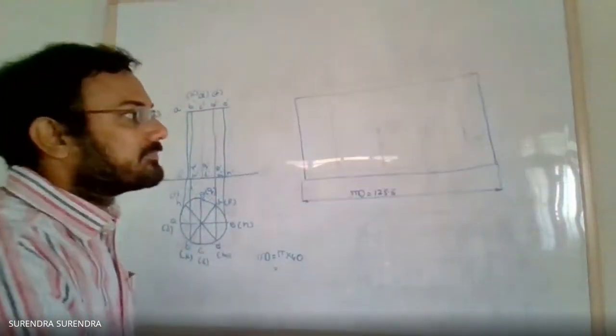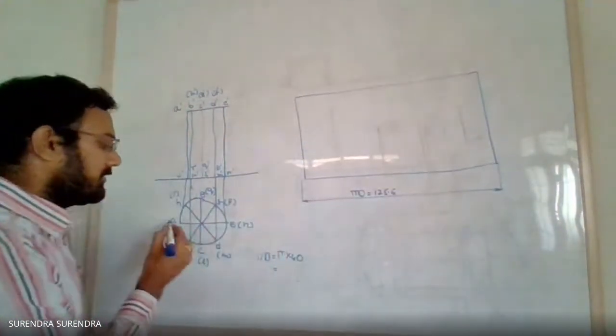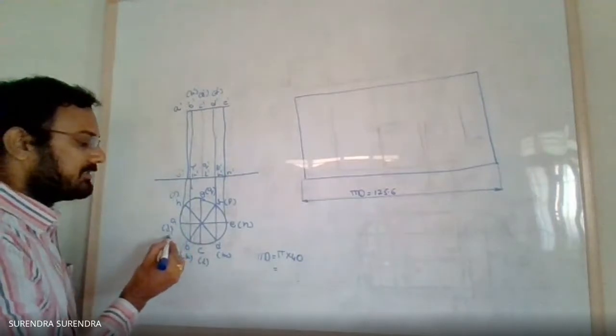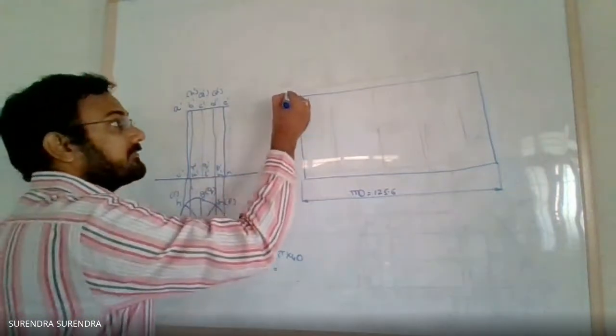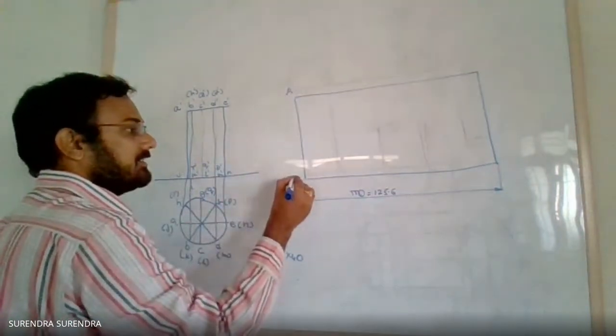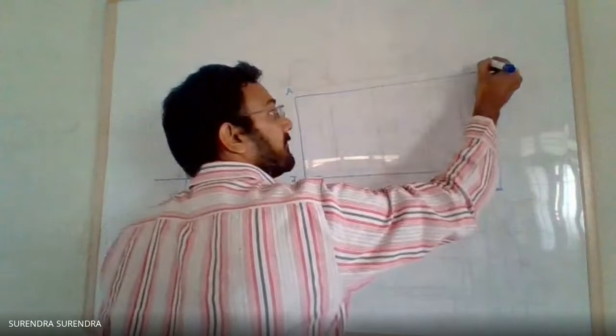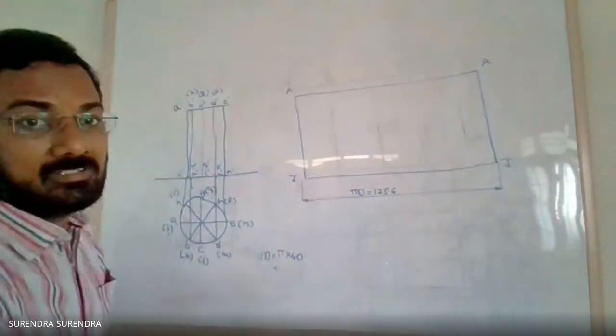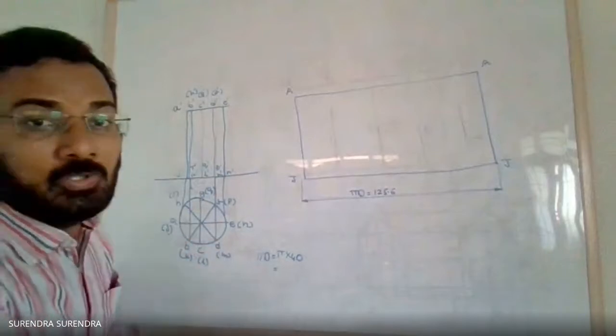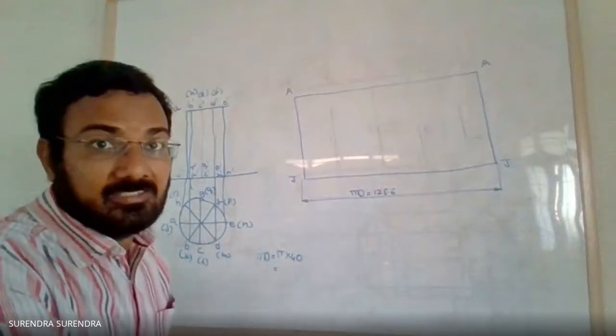Now assume that you are opening along the edge of the generator AJ. Name this as AJ. What about the remaining points? We have divided the circle into 8 divisions.